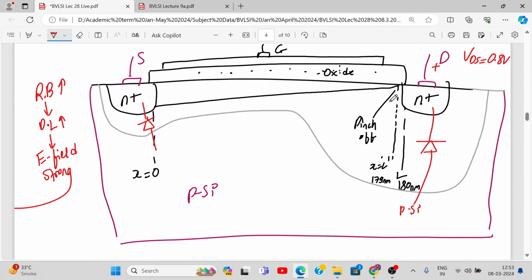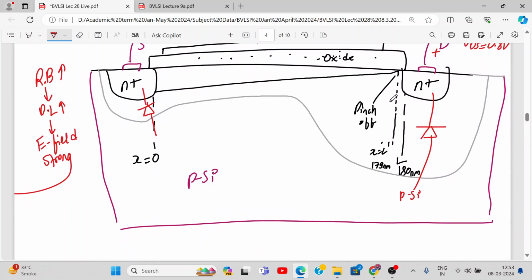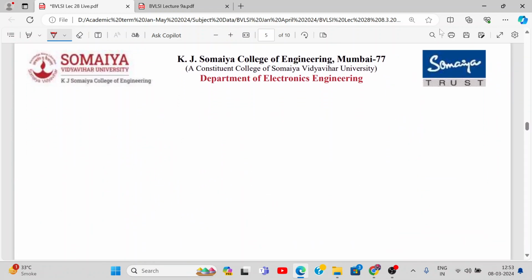Reverse bias increases, so the electric field becomes very powerful. Why? Can you tell me the formula of electric field? Electric field का formula क्या है? Voltage upon length, volt per centimeter. Yes or no? Oh, okay, fine.